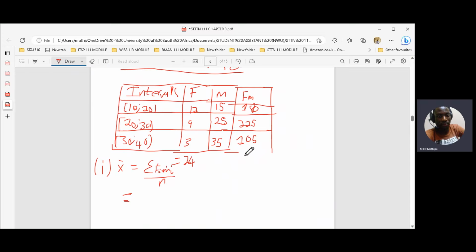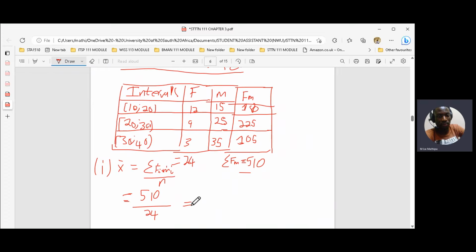Now we have to calculate the summation of Fm, which is equal to, we add them, 180 plus 225 plus 105, which will give you 510. Then we substitute: 510 divided by the value of n, which is 24.